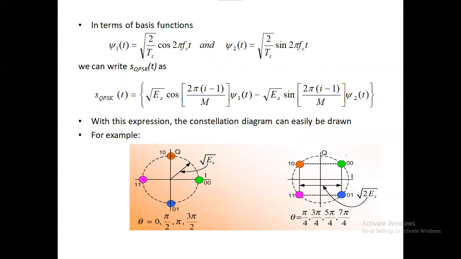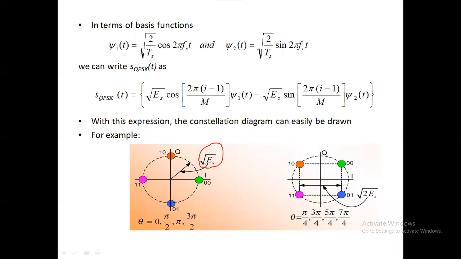So this is the distance between the QPSK symbols. In QPSK, the symbol energy is root Es, and that is constant wherever it lies on a circle.